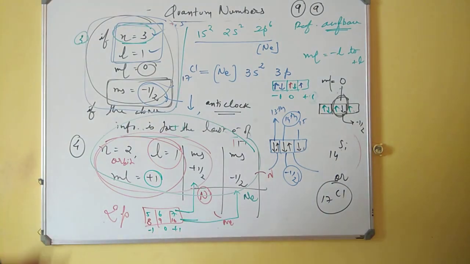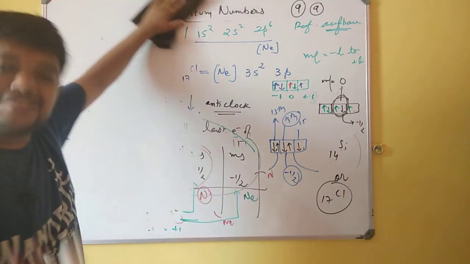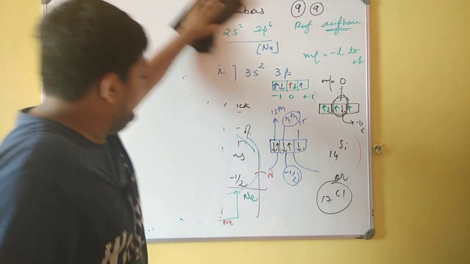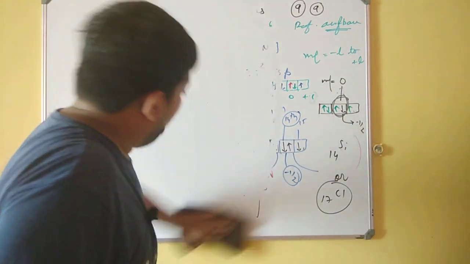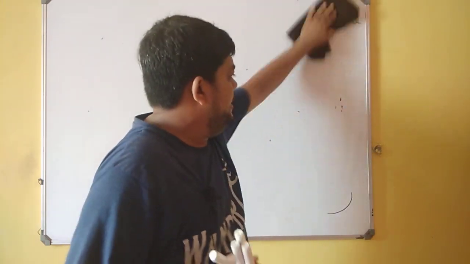So over here I can write nitrogen for +½, neon for -½, and vice versa if you think something different, which is correct. So friends, this is how quantum numbers is helping us determine each and everything.